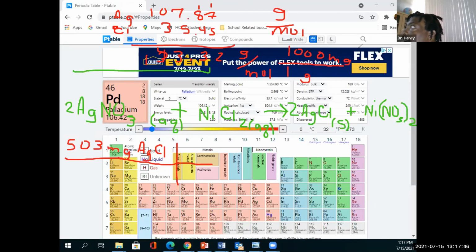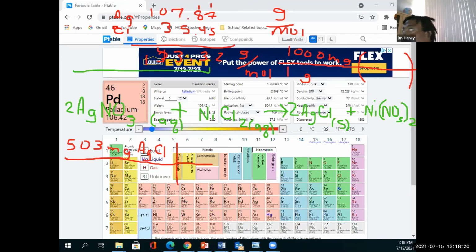So then how many millimoles will equal a mole? Mil means what? The atomic mass is in grams per mole. Okay, but how many millimoles will equal a mole?